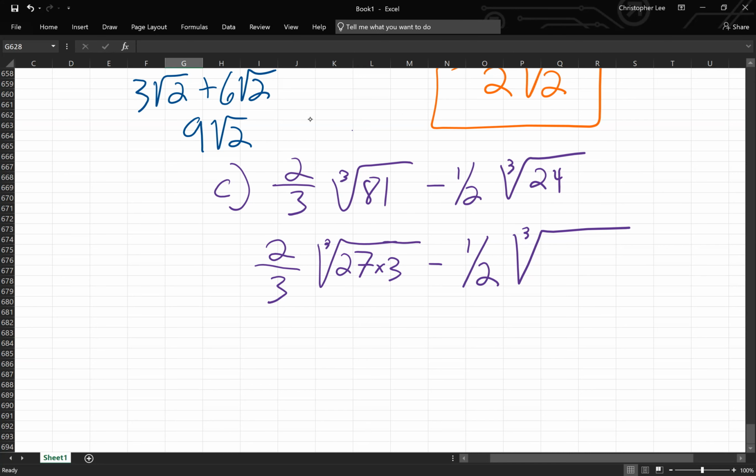Is it 6? 8 and 3, that's it. Right. 24, yeah. And then cube root of 27, we know is just 3.